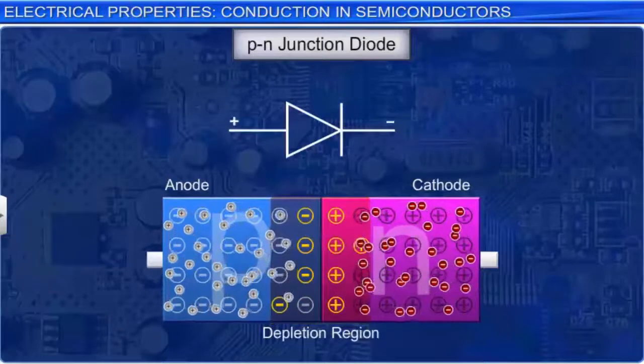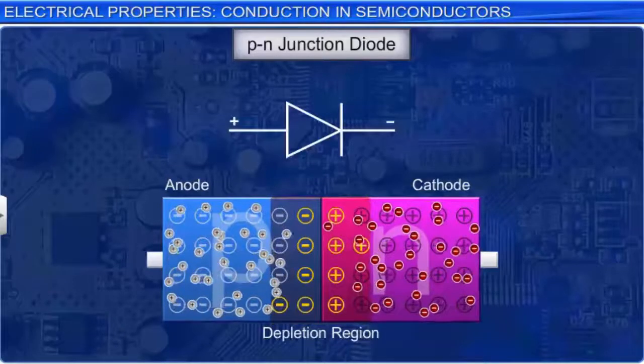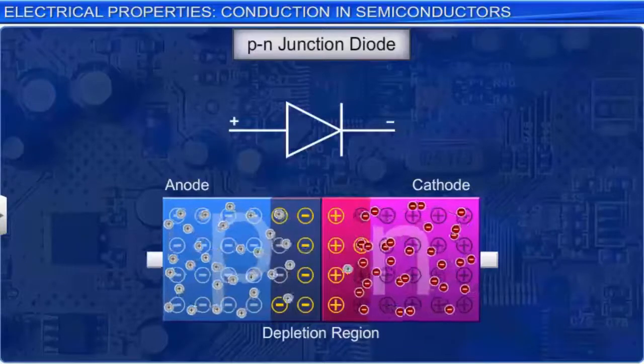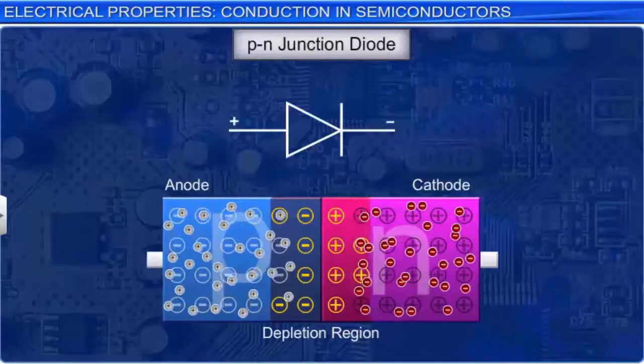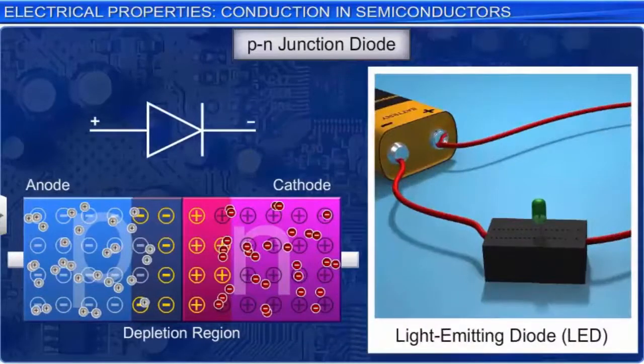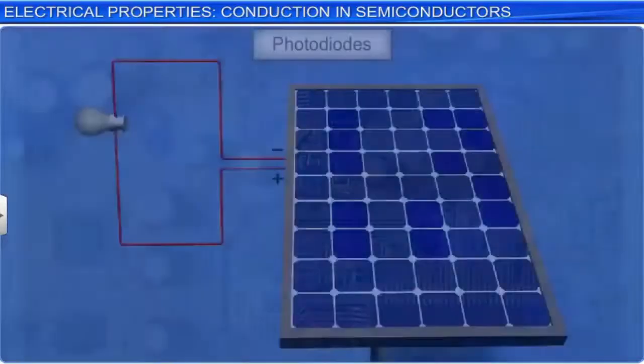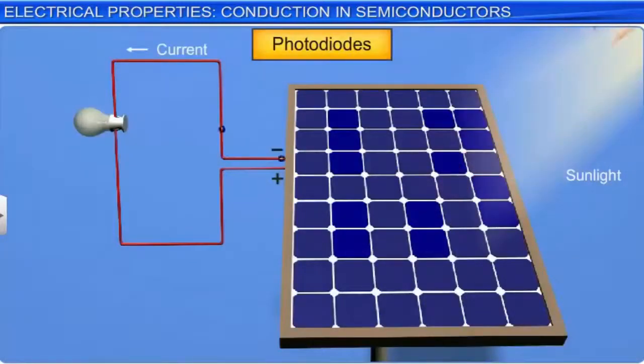In the depletion region, P-type holes recombine with N-type free electrons, allowing current to pass. In a light-emitting diode, LED, this current produces light. A photodiode converts light into electricity.